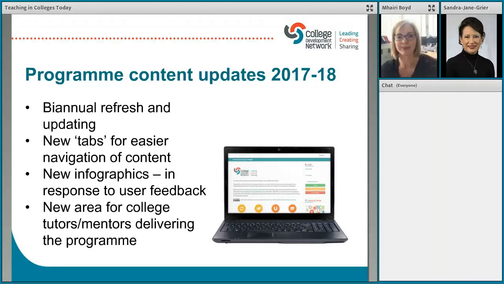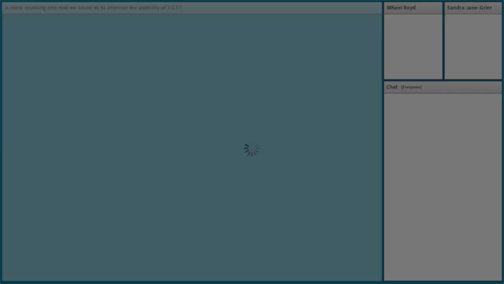And there's also new information about the Education Scotland Quality Assurance Model, How Good is Our College, just so that people have ready access to that and understand how to reflect effectively on their effectiveness as a teacher. So please look out for the new infographics. They cover a range of topics. They're threaded throughout all the various sections, and we hope that you find them useful.